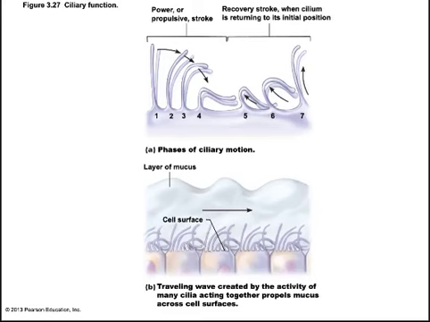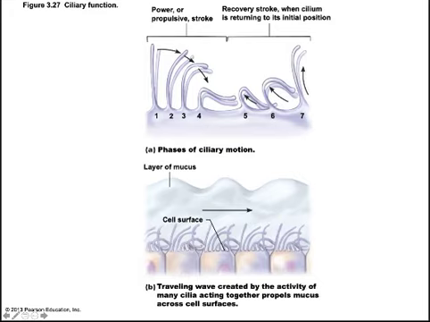So, when we're talking about cilia and flagella, we're talking about movable extensions on the surface of cells. When we're referring to cilia, these are usually apical extensions used to move material across the apical surface from one location to another using ATP for power, and you can see what the power stroke looks like here.